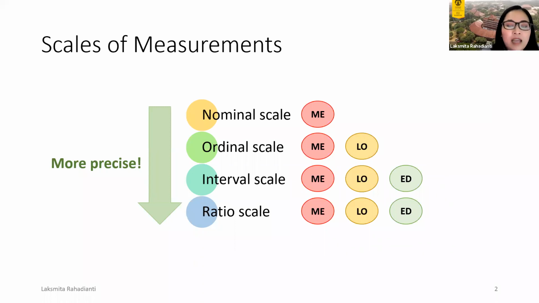So the main idea here is that between these ordered values, there is a standard of difference between those orders, those ranks. Like for example, if you say the grades of a certain course, A, B, C, D, E, you cannot really say that the difference between A and B is the same as D and E, for example, because they mean different things.